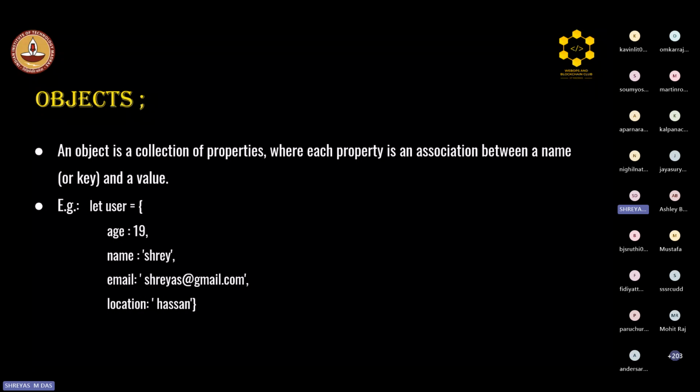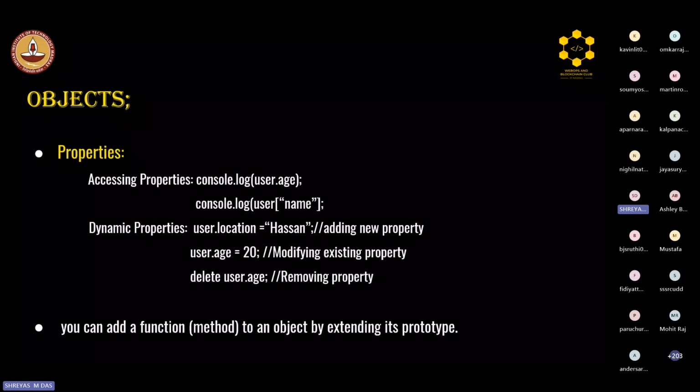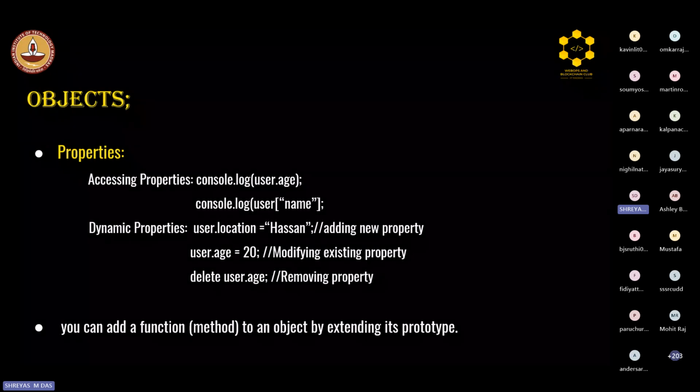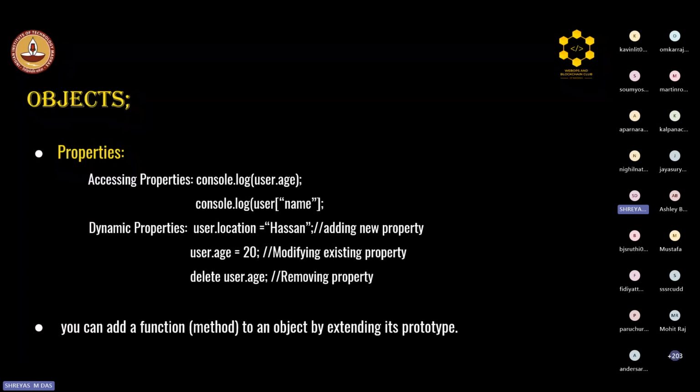Age is a key and 19 is the value of that specific key, and like this you can write the object. Similarly, you can access each value of a particular key by writing user.age. So it will give the corresponding age value.